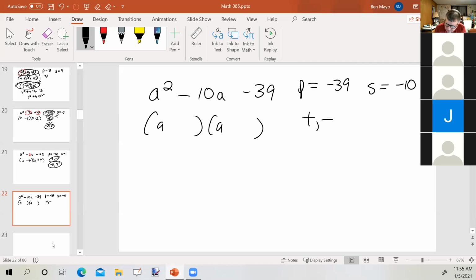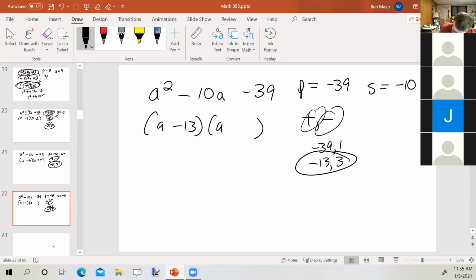So that means that the negative has to be bigger than the positive. How much bigger? Well, its absolute value has to be 10 greater. Let's see. I could go with negative 39 and 1, or negative 13 and, oh, there it is, negative 13 and 3. The product is negative 39. The sum is negative 10.